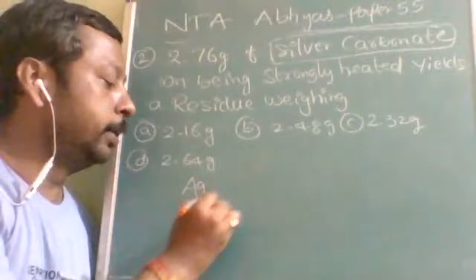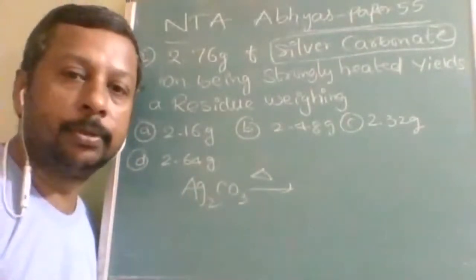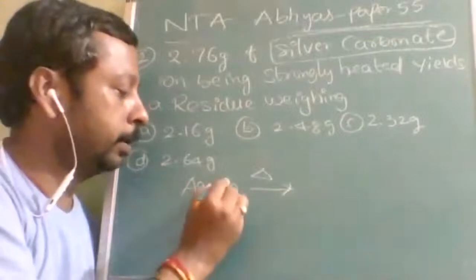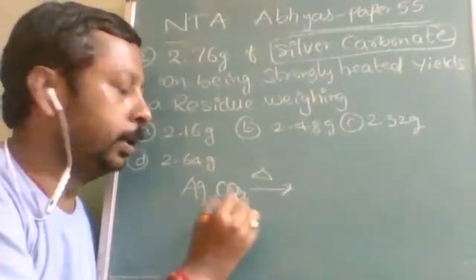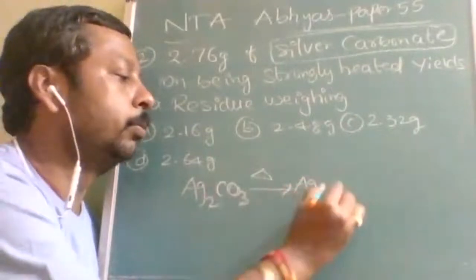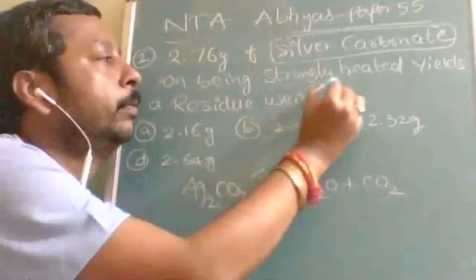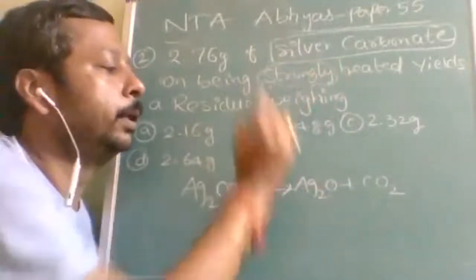Ag2CO3 on simple heating will convert into Ag2O plus CO2. But here see, the word strongly is added: strongly heated.